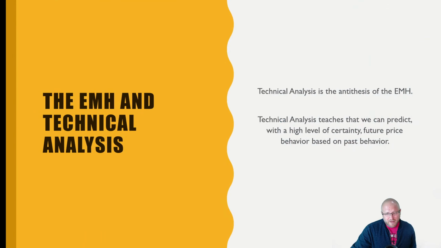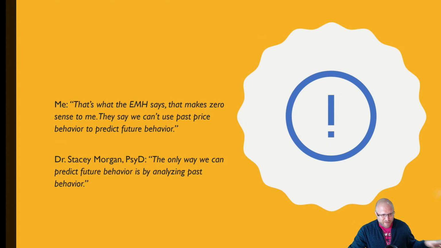It's just dumb. Technical analysis is the antithesis of the EMH because it teaches that we can predict with a high level of certainty future price behavior based on past price behavior. I remember my wife, she was listening to one of my sessions a couple of years ago, and she said, "What was that you said about you can't use past behavior to predict future behavior?"